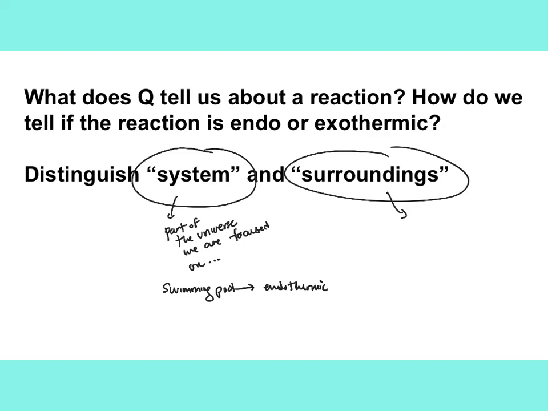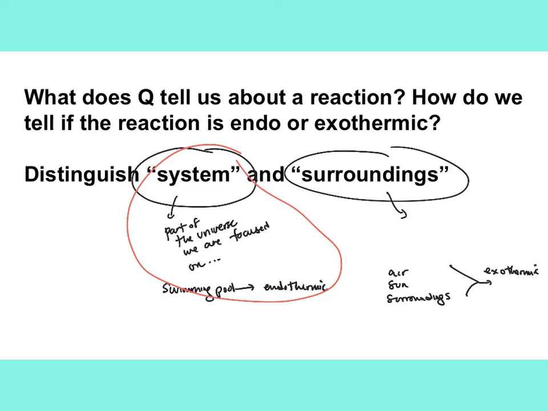And in the previous problem, in this case, it would have been the air or the sun or something in the surroundings that were providing the energy to that system. And from the point of view of the surroundings, the process would be exothermic. Generally, we're looking at things from the point of view of our system. Okay, the system in this case was gaining energy.